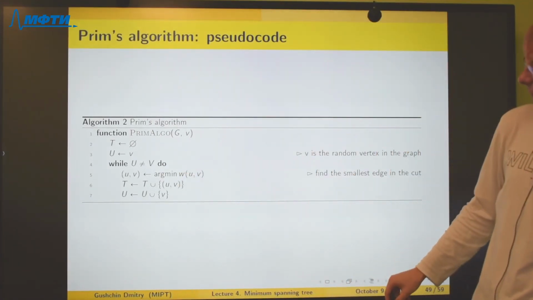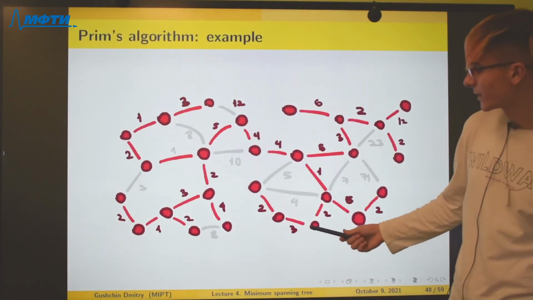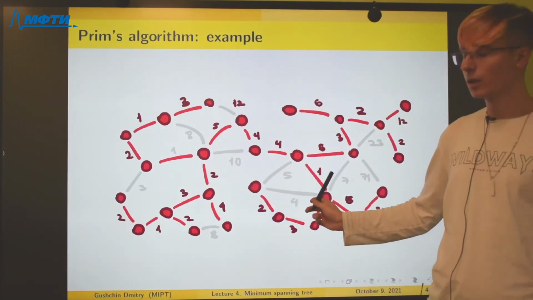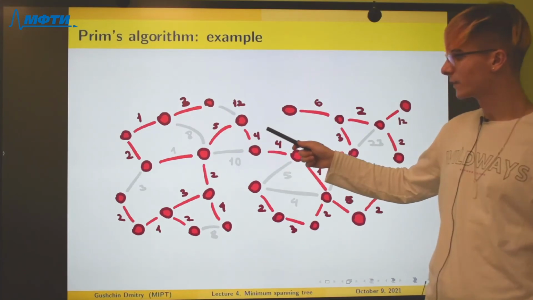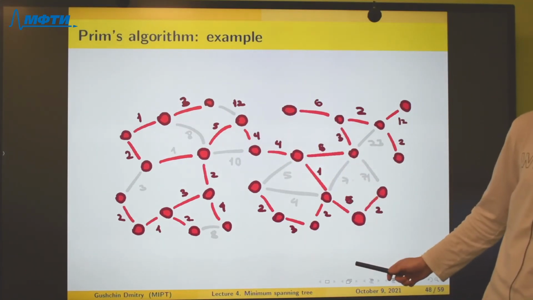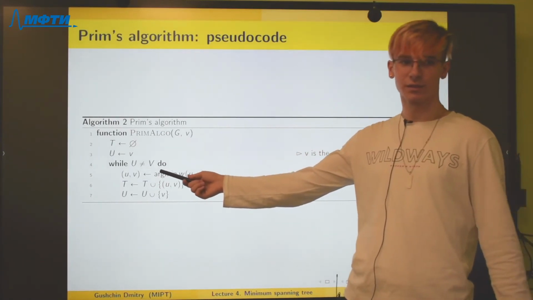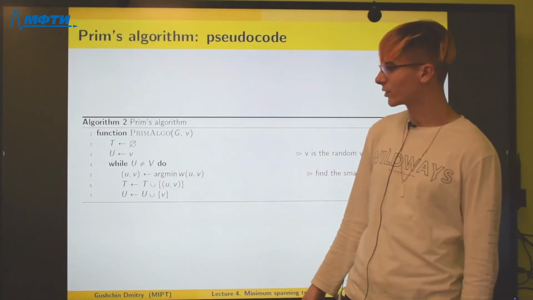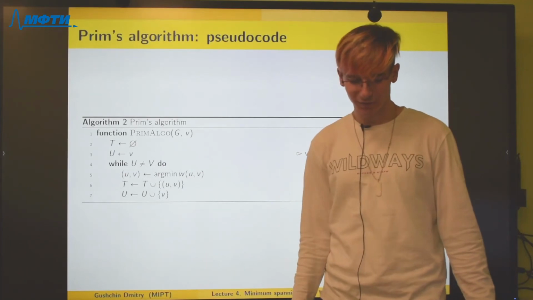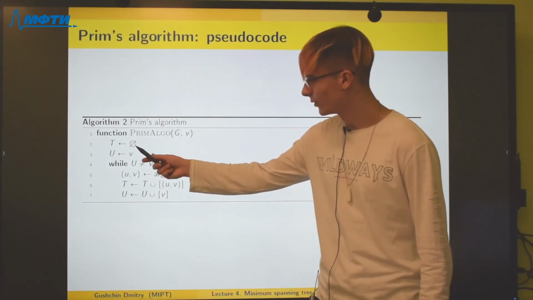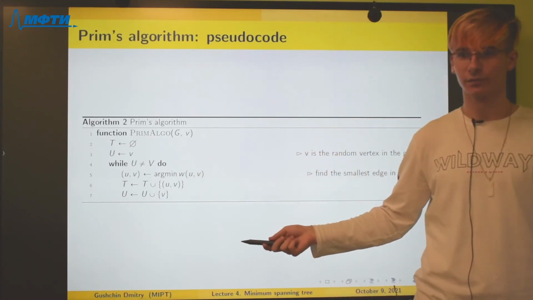So of course T is equal to the set of edges in this minimal spanning tree, and U is equal to the set of vertices. So we repeat our algorithm until the vertices of U are equal to the vertices of the initial graph, which means that our tree is a spanning tree.